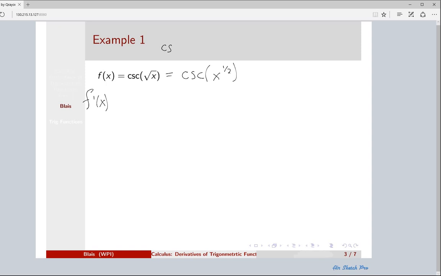Remember, we saw that the derivative of cosecant of u was equal to negative cosecant u times cotangent u. This was the previous theorem, just writing things in terms of u, since we have a chain rule problem here. This would be a case where our u is x to the 1/2.